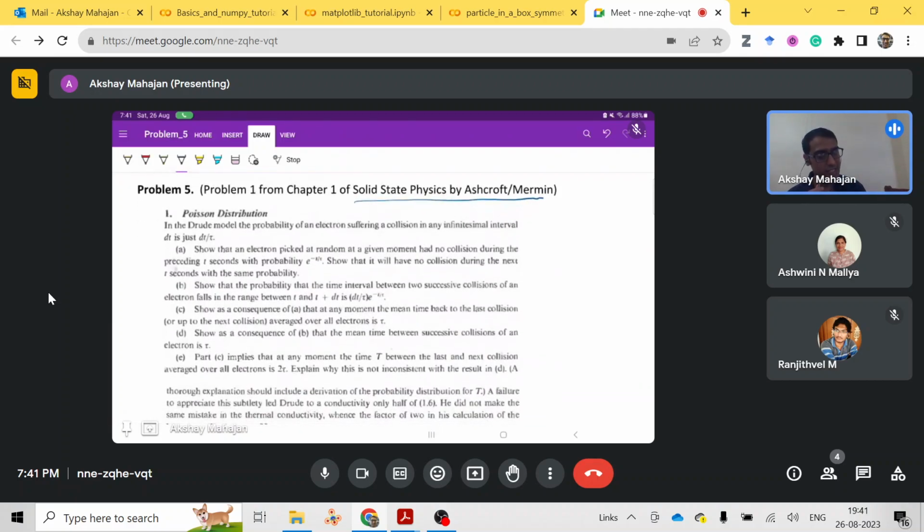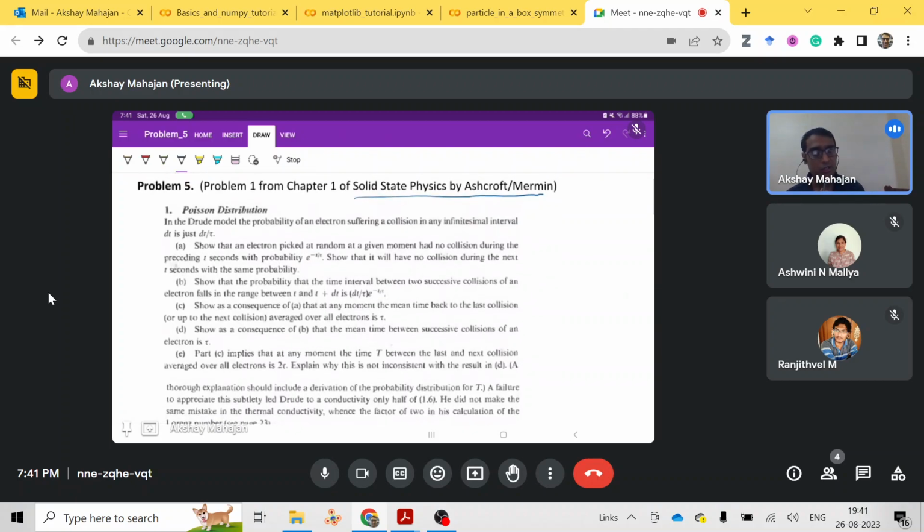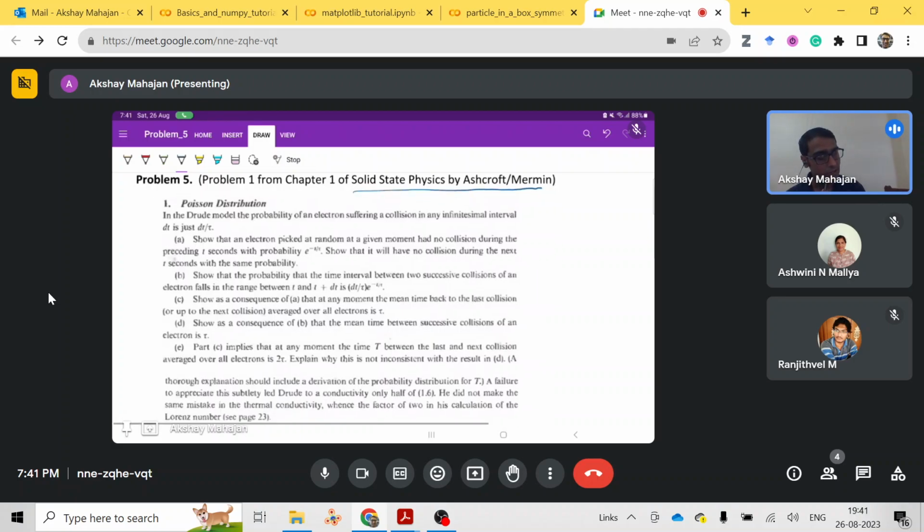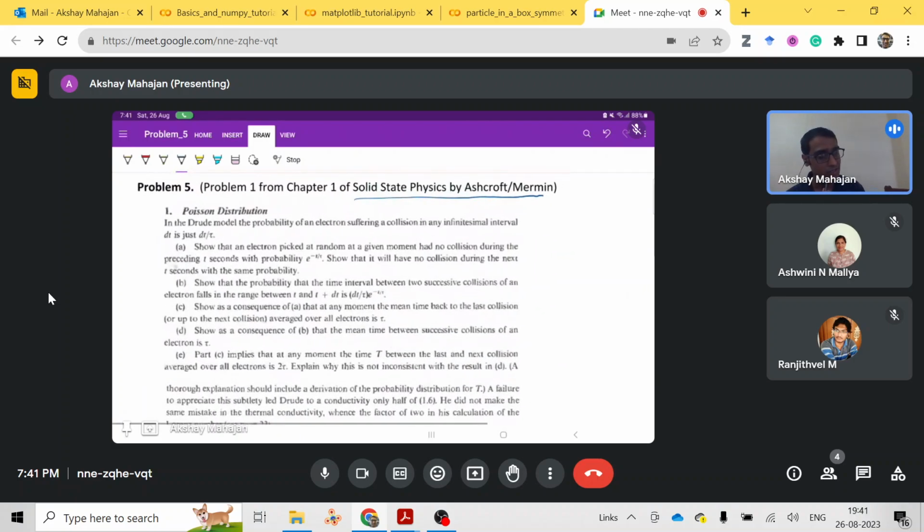You can check out this book for topics on the Drude model, and also later on in the course there will be electron density and band structure calculation. So for the solid state part you can refer to Ashcroft-Mermin. And right now we will solve this problem from chapter 1.